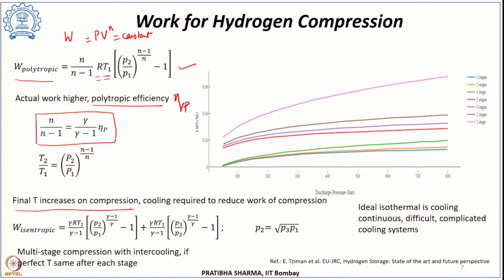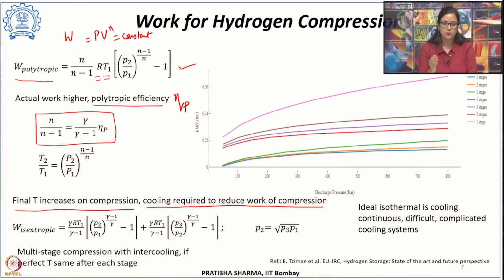Now, since the temperature increases, if we cool down the gas on compression, and we reduce the temperature of the gas, the required work of compression will also reduce. So, if we cool the gas on compression, the work of compression reduces. Now, ideally what is required is the isothermal process, but an ideal isothermal process is very difficult to attain.